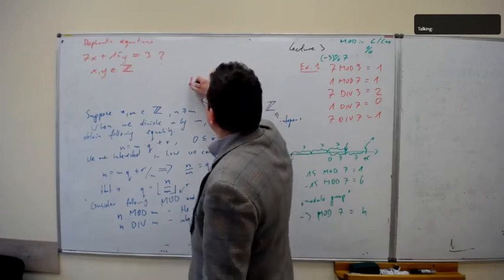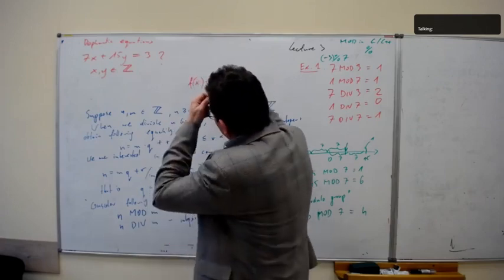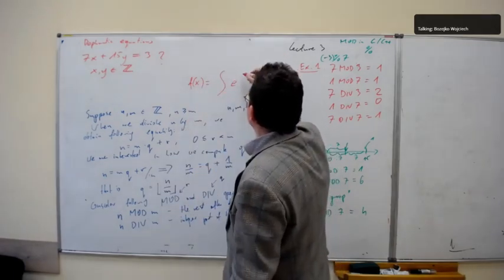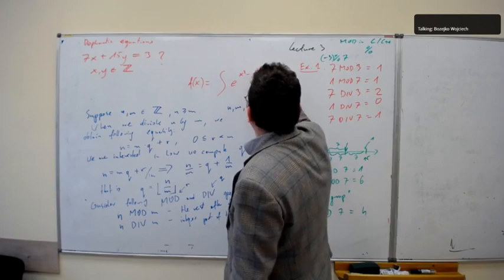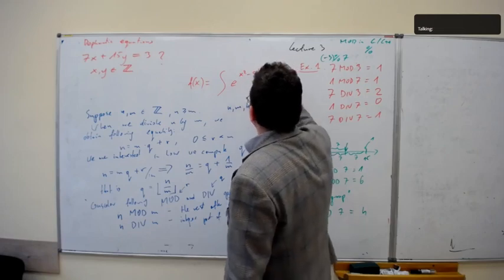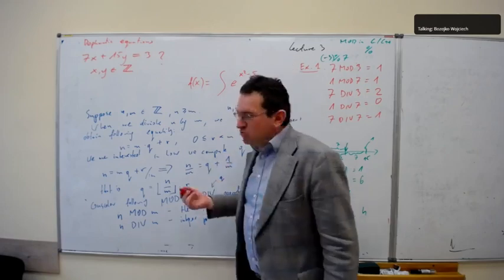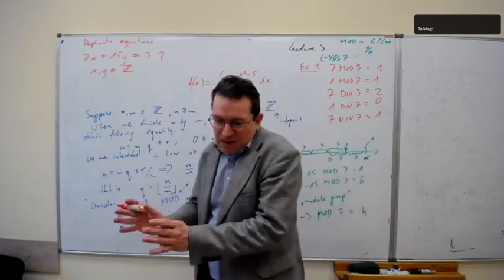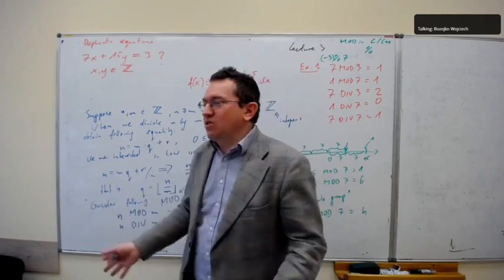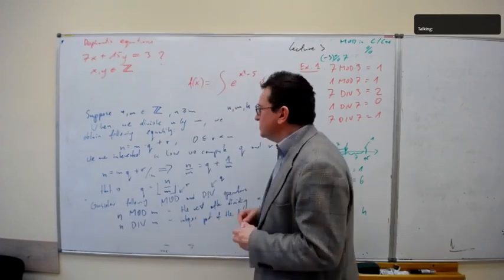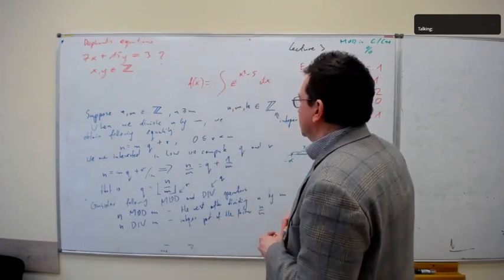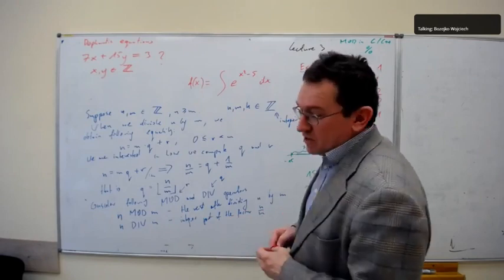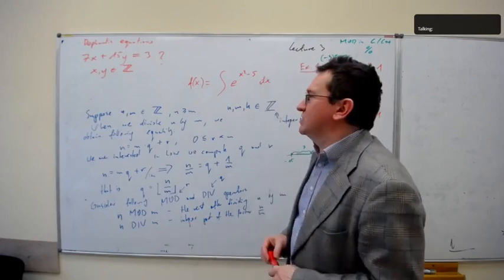If we have an integral, like something to x squared minus 5 dx, and how to find this function? So the best method is just guess the result, check if it works, and just put the result.